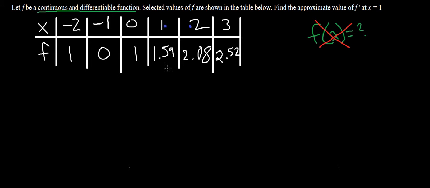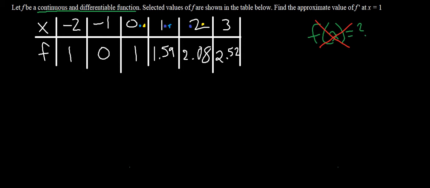We could use points x equals 1 and x equals 2. We could use points x equals 1 and x equals 0. And we also could use points x equals 0 and x equals 2. Any of those, I think, would give us a good approximation of this derivative.